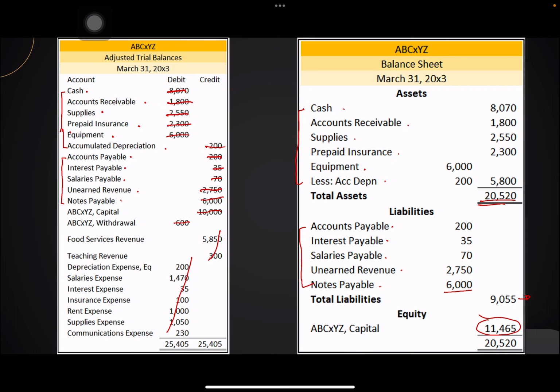And again, the accounting equation is assets equals liabilities plus equity. We already know that our equity amounts to 11,465 and your assets amount to 20,520. Okay? And since your equation says that your total assets must be equal to the sum of your liabilities and equity, what you need to do is get the liabilities amounting to 9,055.